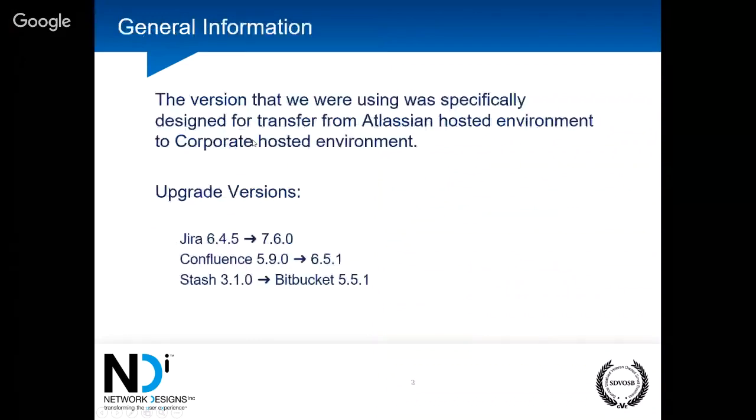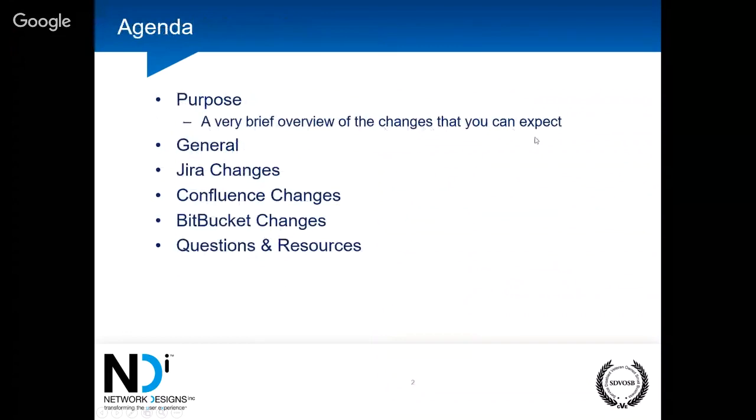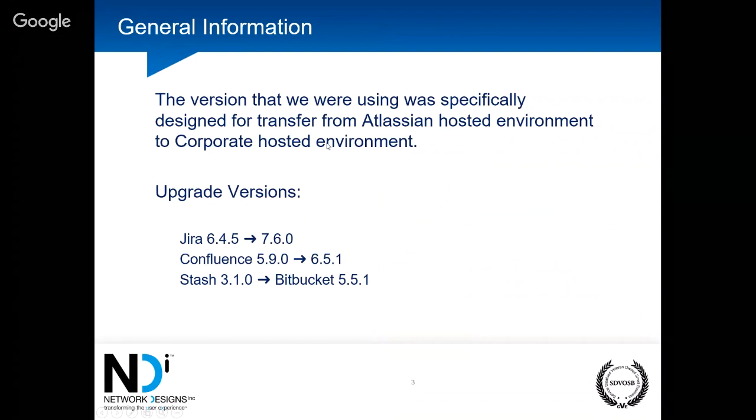Okay, so the purpose, the brief overview anyway, is that the majority of what's happened is that the version of Confluence and Jira that we were using, 6.4.5, was specifically designed to migrate from Atlassian's hosted environment onto your own hosted environment, your personal corporate hosted environment.